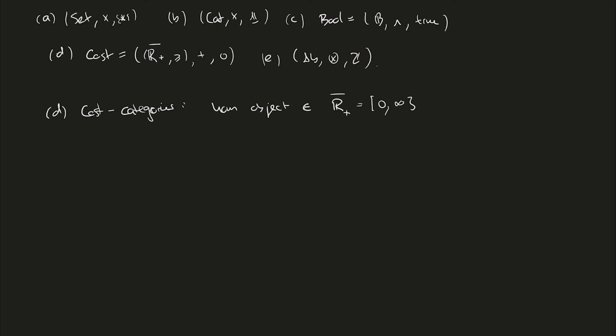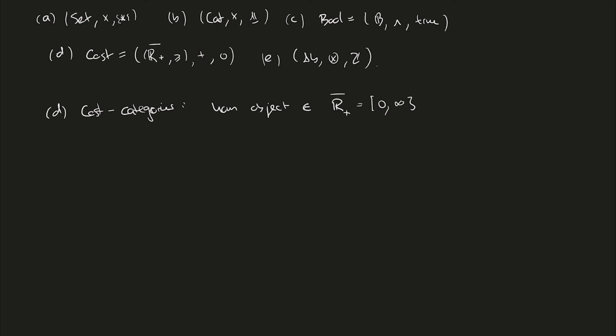Next, we also need a composition law, which in this case, again, because the extended real numbers is a preorder, takes a simple form of a requirement that we need to satisfy.